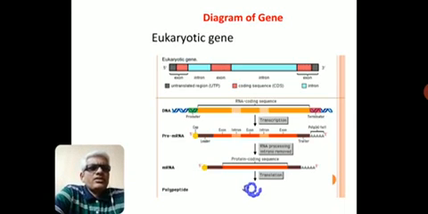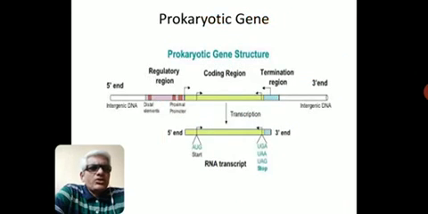Now the prokaryotic gene is a very simple gene, showing 5' to 3' ends, where the coding region, the regulatory region and the termination region are observed, and it shows RNA transcription.